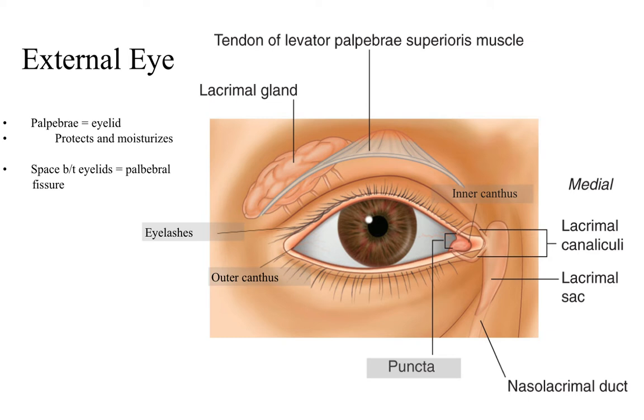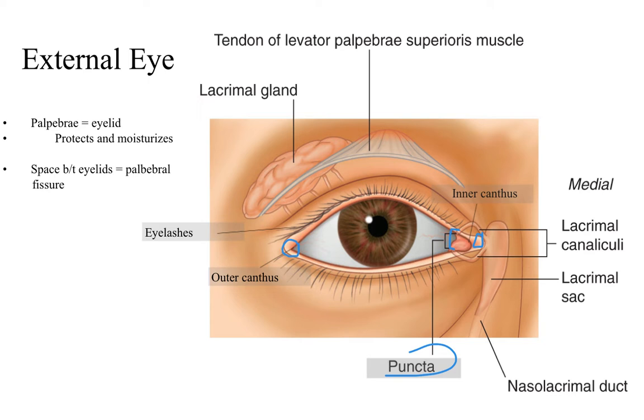So the parts of the external eye that you should be familiar with: on the outer border of the eye is called the outer canthus. Therefore, the inner part would be called the inner canthus. The spot here where tears are going to drain into is called the puncta.